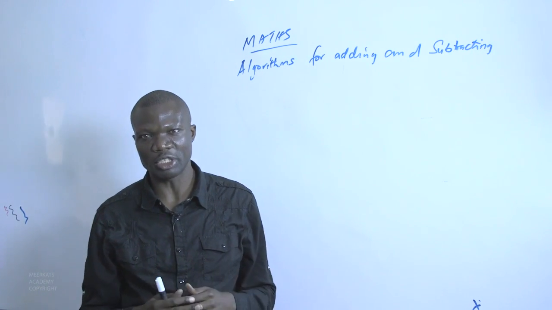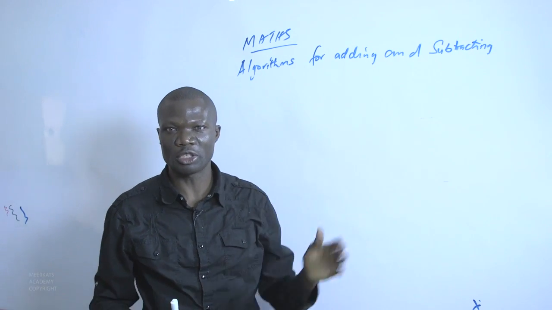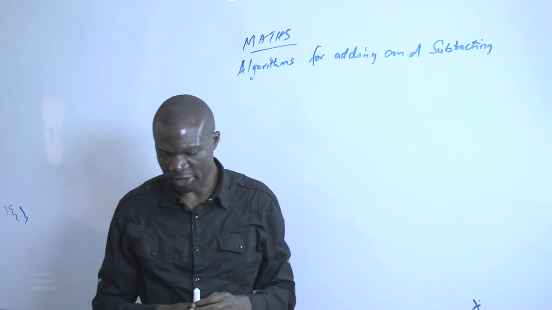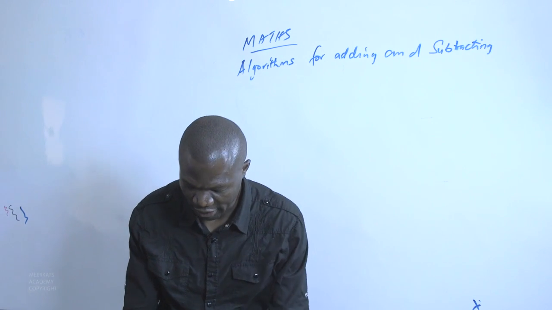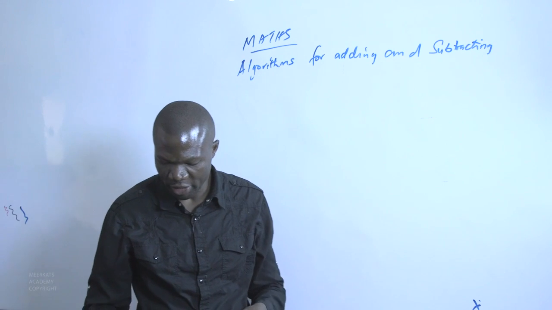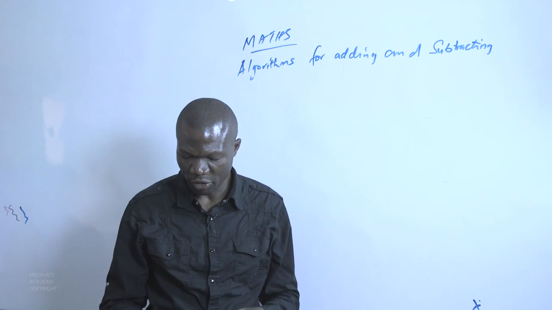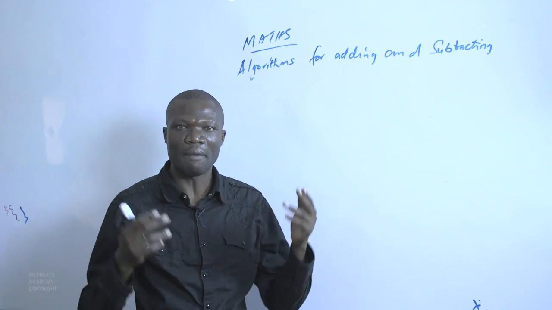So when basic numerals are large, our addition and subtraction will require us to use certain steps. It is not always practical to solve problems involving addition and subtraction mentally.